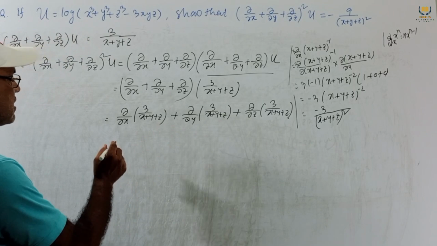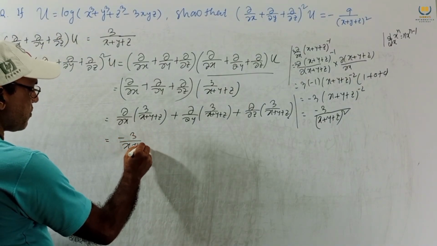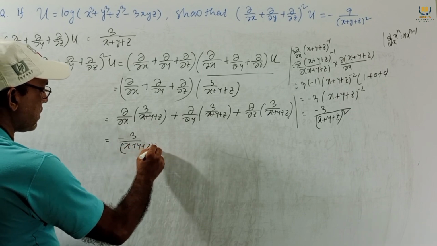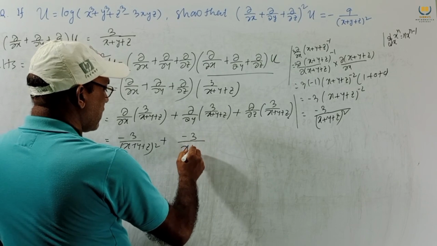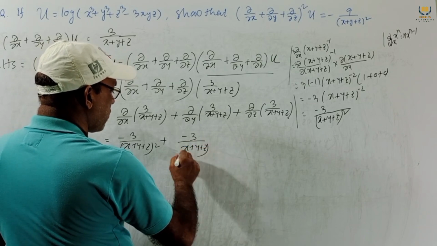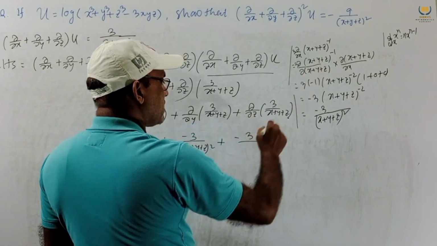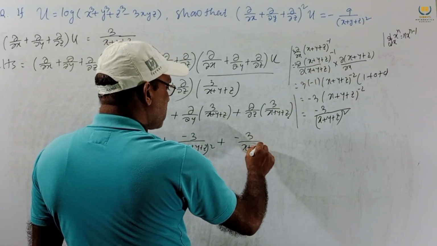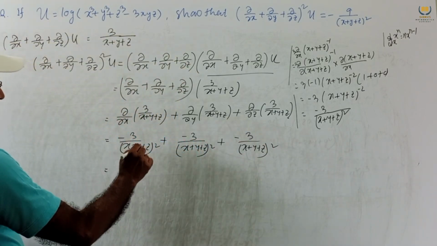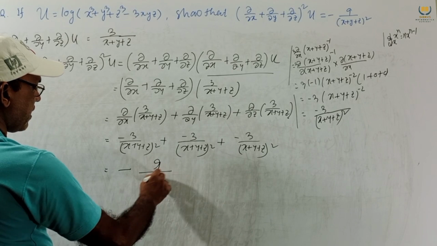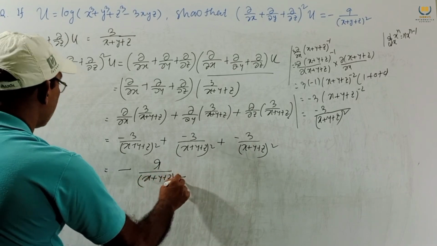So all of these are same, then this we can write directly as 3 by x plus y plus z whole square plus 3 by x plus y plus z whole square plus this is also the same method. If we use it, then we get this x plus y plus z whole square, and all of these are like terms, this is 9 by x plus y plus z whole square.